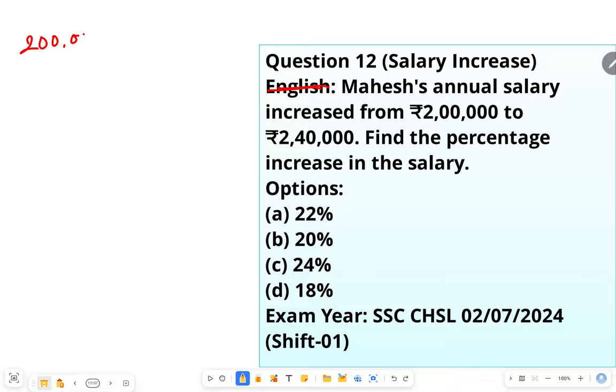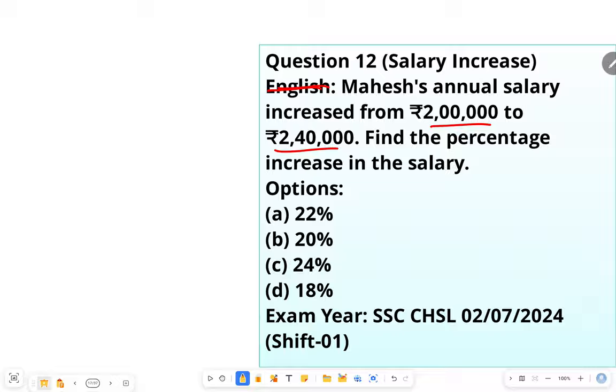You can simply write these 2 lakh and then this 2 lakh 40,000. In this type of question, first you will have to subtract from this number to this number, and whatever amount you receive, you will have to divide that amount, and in the base you will have to write 2 lakh, because it is asking you how much it increased, right? And it will take lots of time.